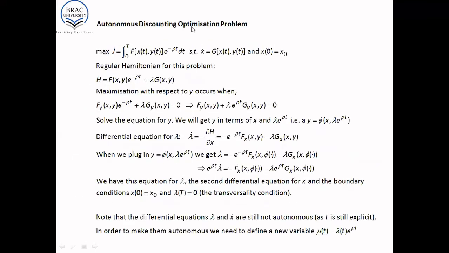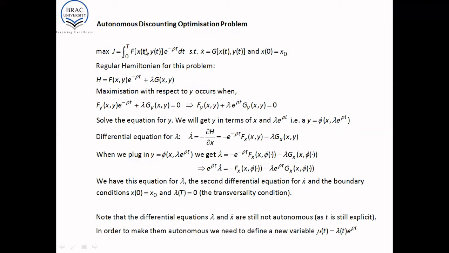So let's look at an autonomous discounting optimization problem. Here we maximize J between 0 and capital T, capital F of x of t, y of t multiplied by e to the power negative rho t. Right, we are multiplying capital F by a function of t.